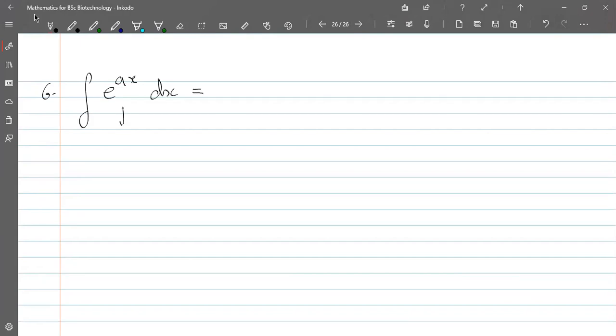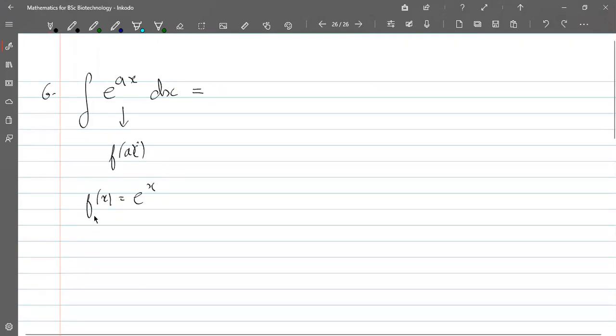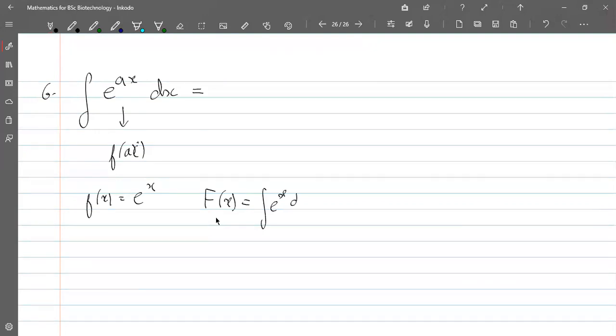If I treat this as f of ax, then f of x is e power x. This should all be done in your mind, not on paper. For the first problem, let's look at it by writing it down. So f of x is e power x, and capital F of x is the antiderivative of e power x, which is e power x.